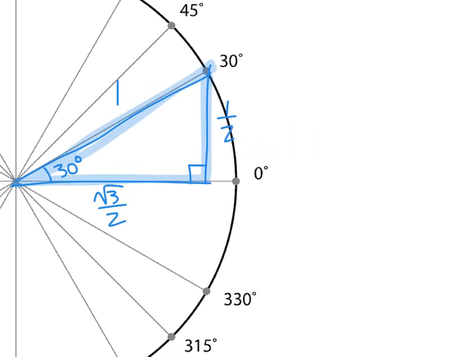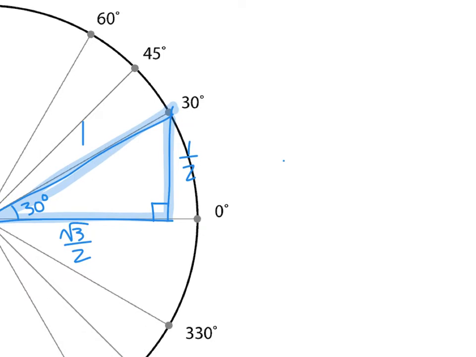Since this is a right triangle, the Pythagorean theorem applies. So we know that a squared plus b squared has to equal c squared. Let's say that a is the x part, so that is square root 3 over 2 squared.